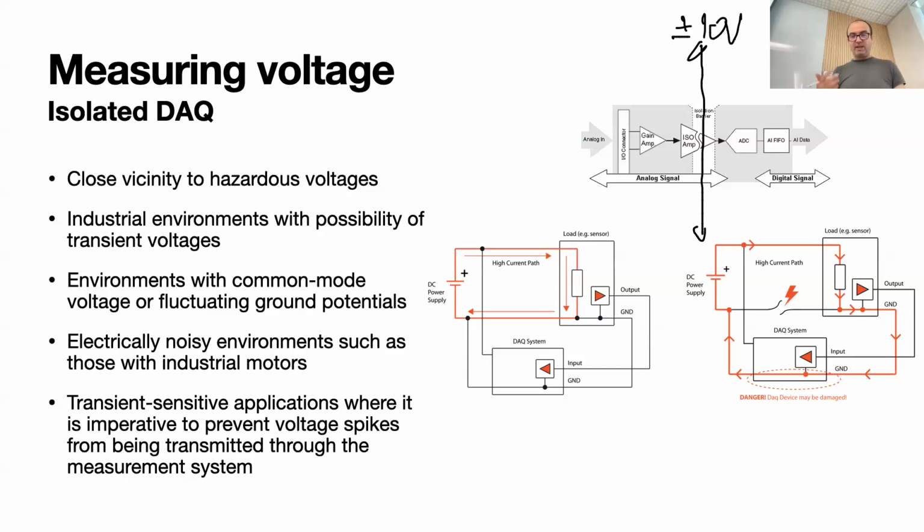For comparison, the 8-channel data acquisition that we use for industrial-grade applications, where volts can go above 300, costs about $15,000, and it has a protection of 1 kilowatt.